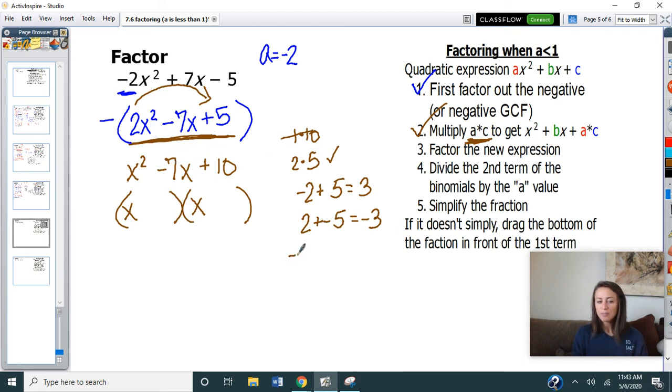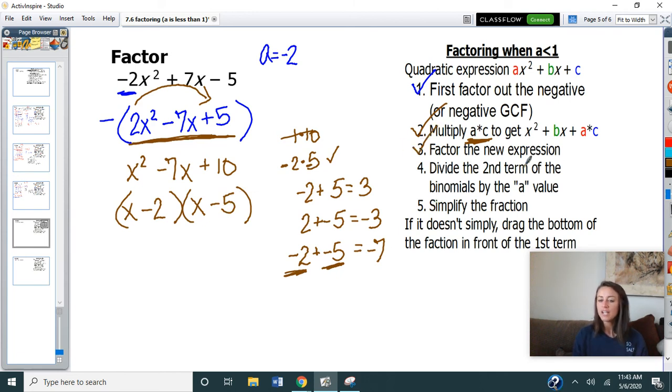So here, they both have to be negative, because negative 2 plus negative 5 is negative 7. So these are the terms we're going to use. And if you multiply them, negative 2 times negative 5, you get positive 10. So they're both negative. Negative 2, negative 5. So we factored the new expression.